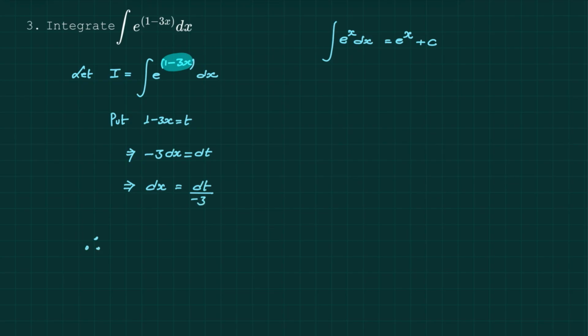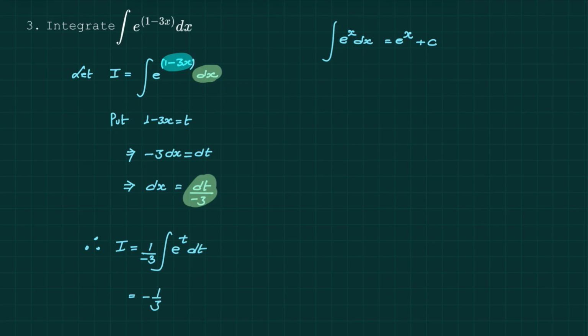Therefore, my integral I will be equal to the integration of e to the power t, and the value of dx is dt over minus 3. So let us write that in front, it will be 1 by minus 3 because it is a constant, and this equals minus 1 by 3.